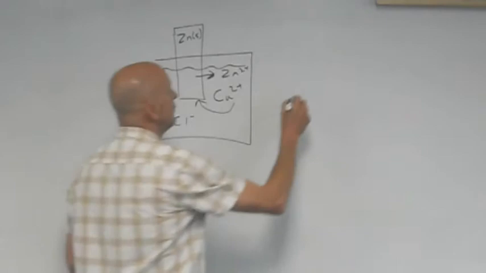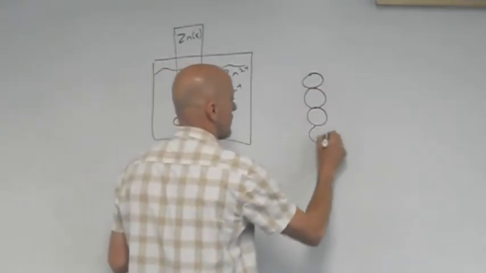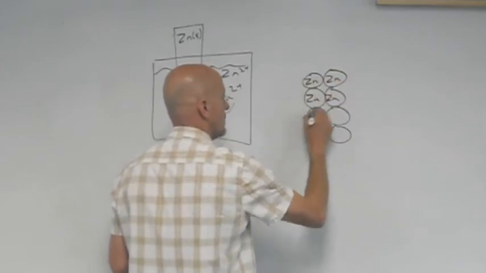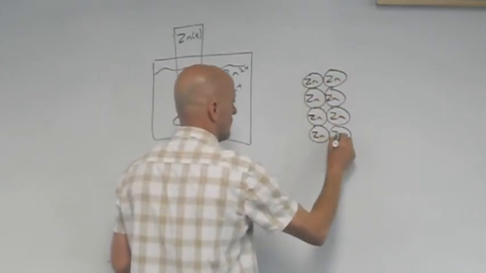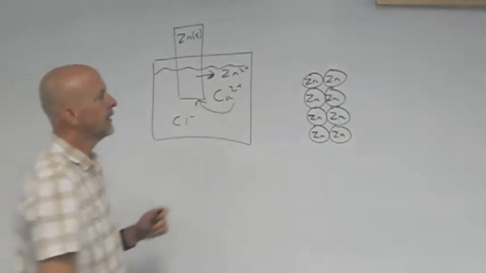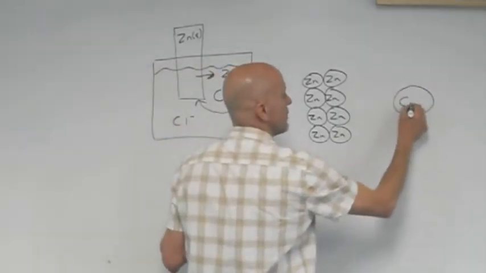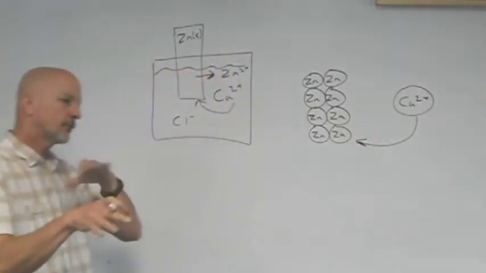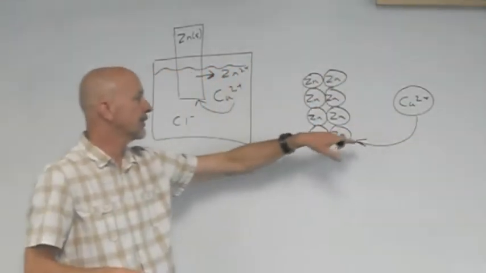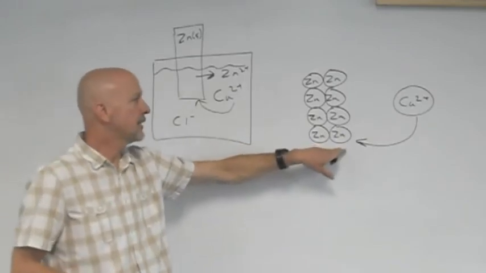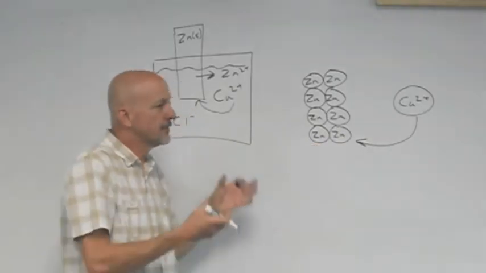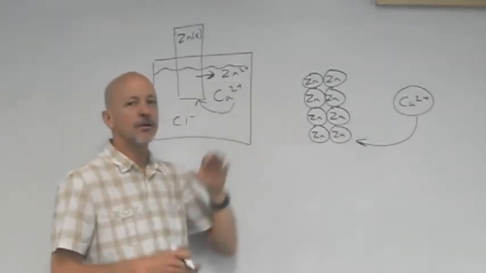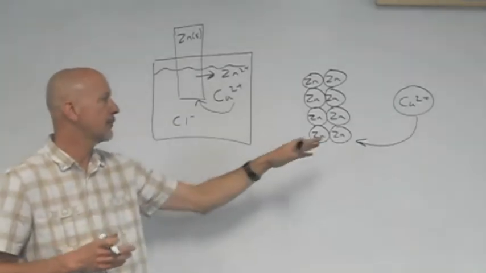At the particle level, here's my zinc solid, here's my copper in solution. Remember the solution is moving all around. Copper comes in here, comes in contact with zinc. Because copper has a greater affinity for electrons than zinc, zinc will hold electrons less strongly than copper.